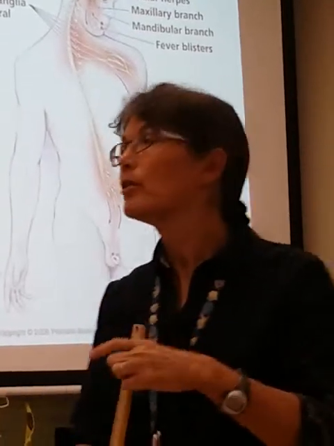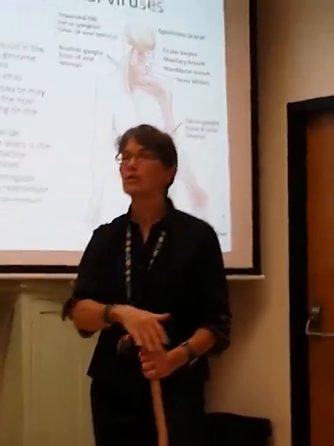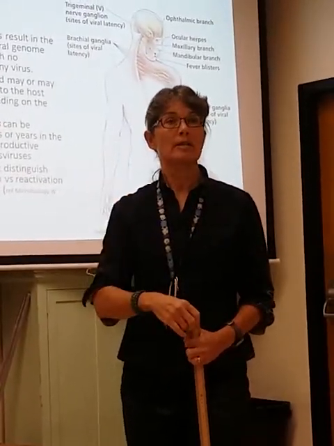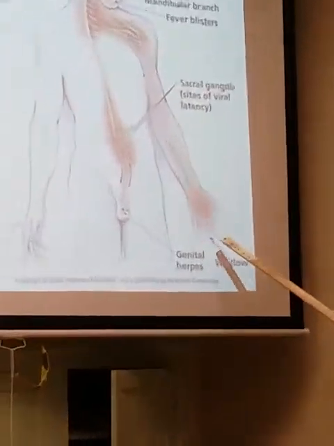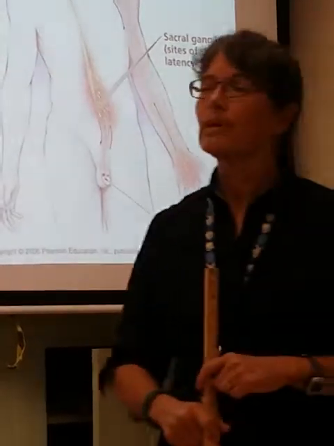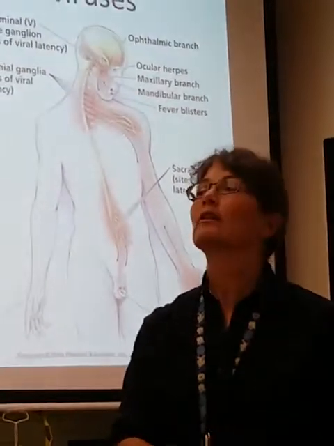But later on there can be a trigger. Usually it's some kind of stressful trigger, something that suppresses the immune system. It will reactivate the viruses, and they'll travel back down the sensory neuron and invade the epithelial cells that the sensory neuron innervates. Then we'll have another round of clinical signs and symptoms.